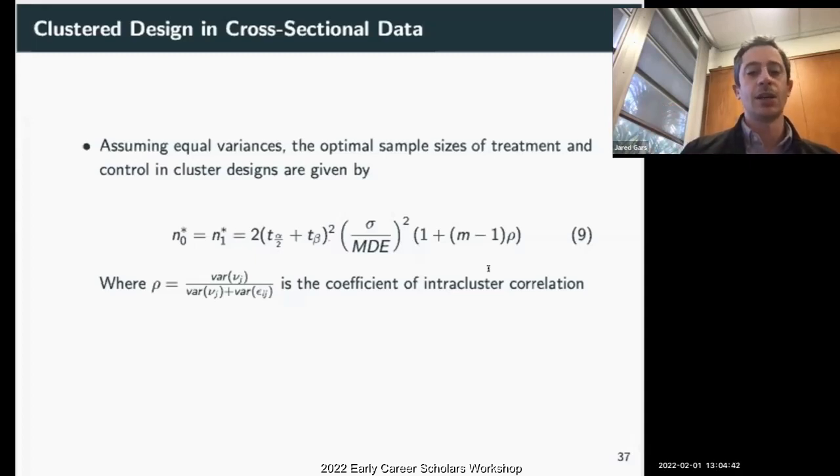Most of your variation is going to be coming across clusters rather than within clusters, which would mean that you would have to sample more clusters. You can increase M as much as you want, but each additional unit is not giving you much information. Rather, most of your information is going to be coming from variation across clusters. And what we see from this equation is that the total sample size needed in a cluster design is going to increase proportionally with both the size of each cluster and with the intercluster correlation.